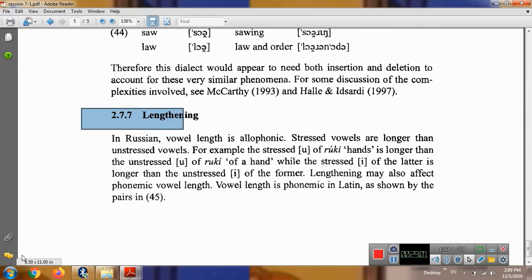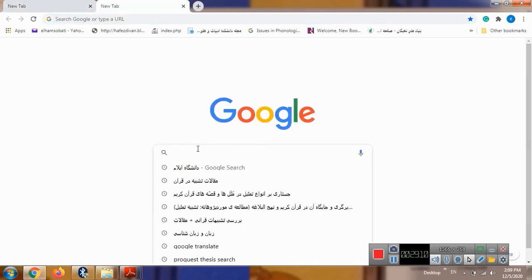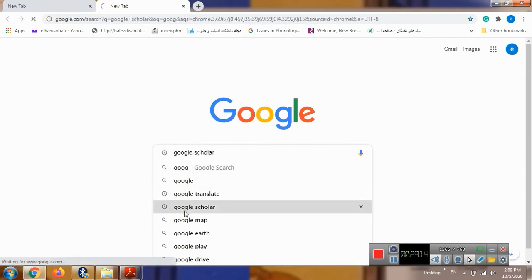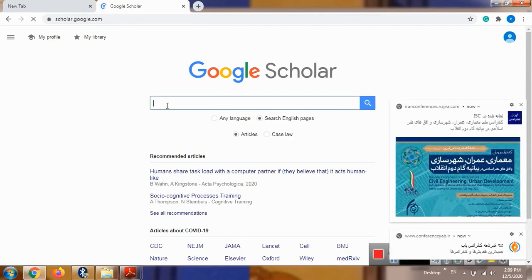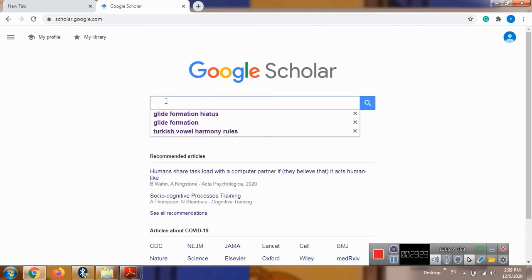You can search for the phonology of Arabic and you can find them in this way. You can search for articles by going to Google Scholar. Please follow these steps.